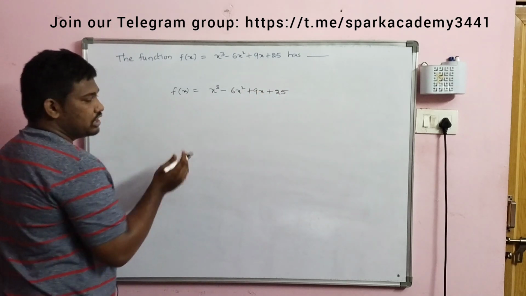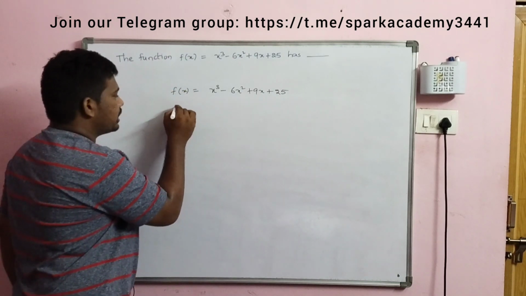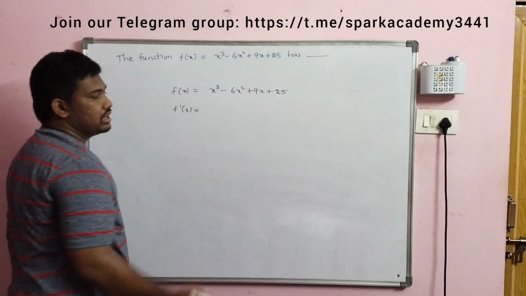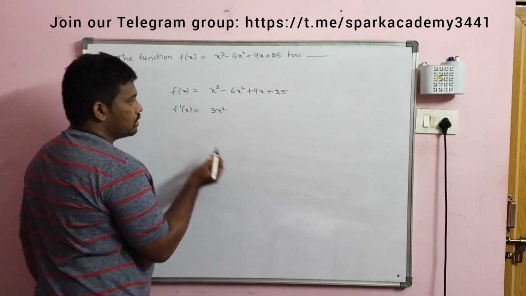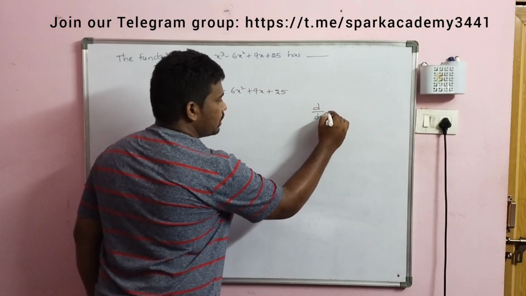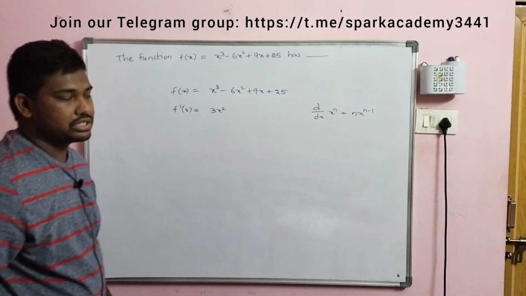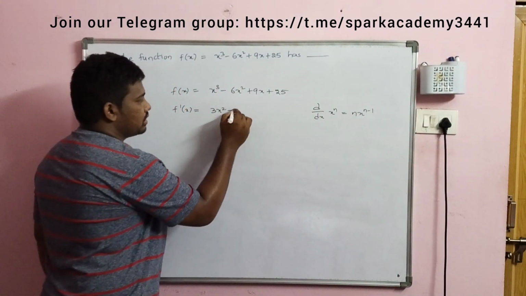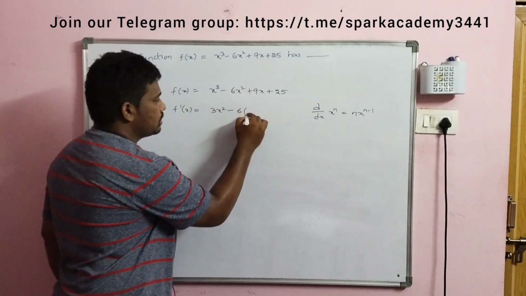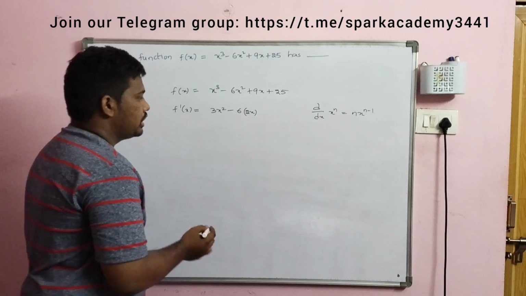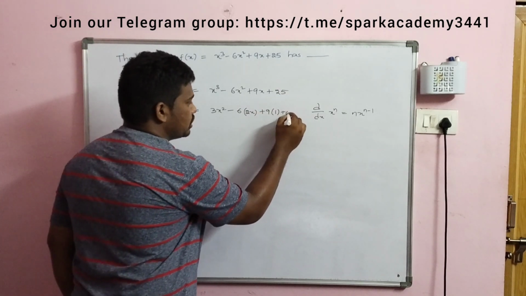Now the first and foremost step for solving maxima minima is we need to differentiate the given function, right? Differentiation of x cube is 3x square, that is d by dx of x power n is n into x power n minus 1. We all know this from before. The next, 6 into d by dx of x square is 2x, and d by dx of x is 1 and d by dx of constant is 0, right?